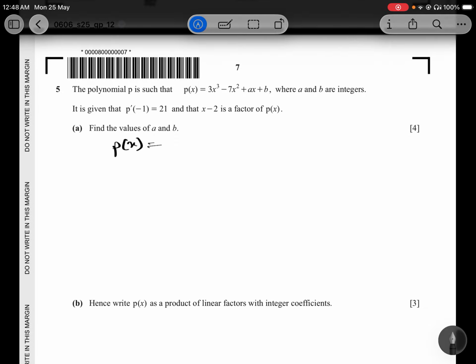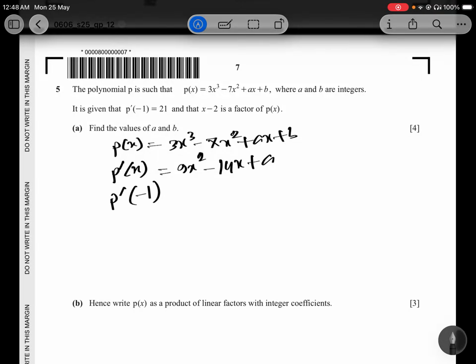So our P of x is given as 3x cubed minus 7x squared plus ax plus b. So P prime of x should be 9x squared, minus 14x plus a.